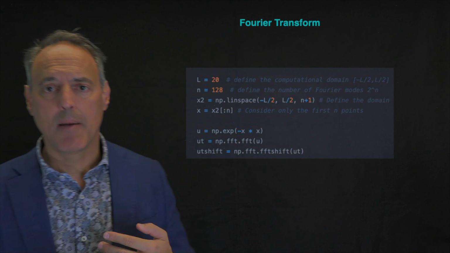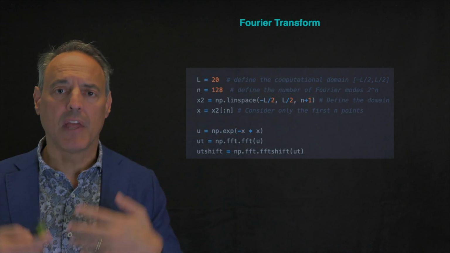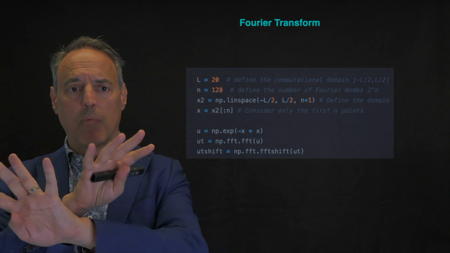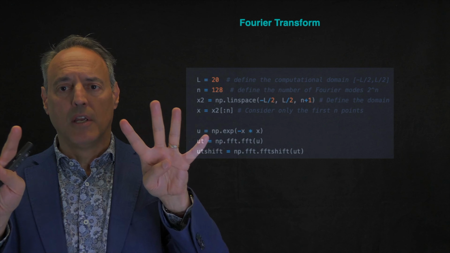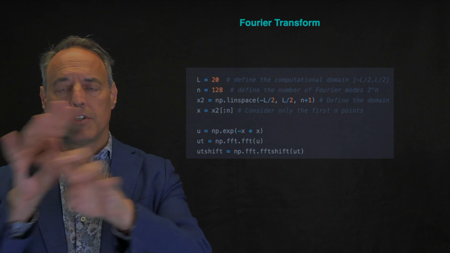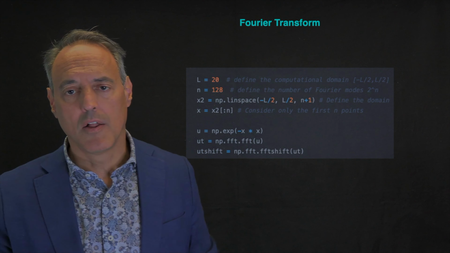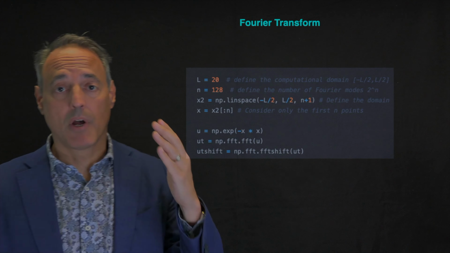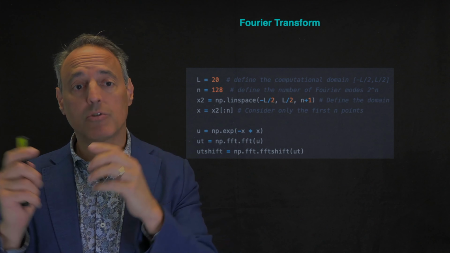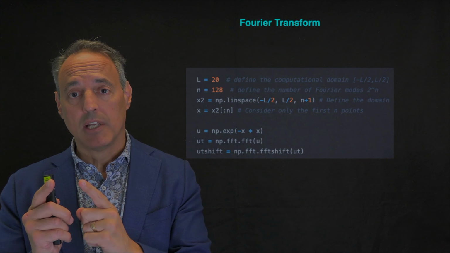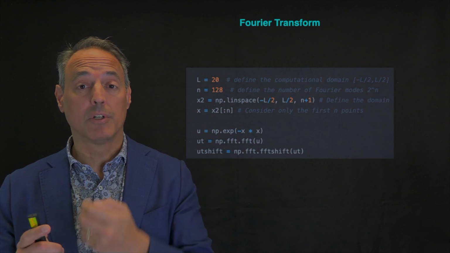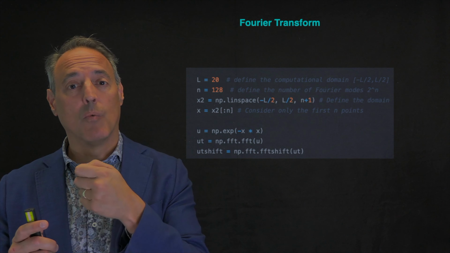Because one of the things that happens, if we look carefully at the FFT algorithm, it does what's called a butterfly sort of algorithm, in which the structure of this is to intermix the points. It turns a problem of size n into two problems of size n over 2, to 4 problems of size n over 4, to 8 problems of size n over 8, all the way to n problems of size 1 by 1.